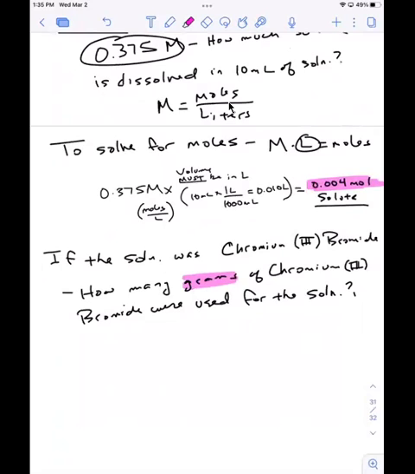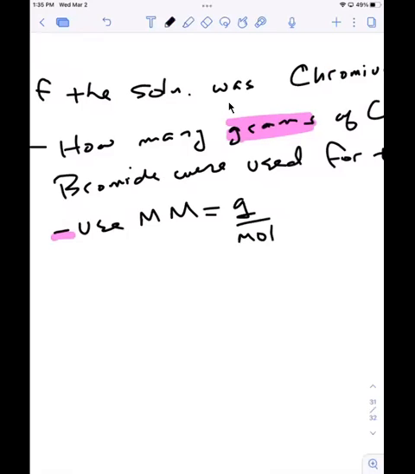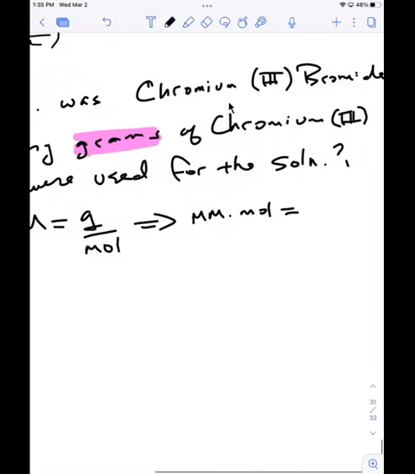If we know the molar mass, we can figure out how many grams of anything we have if we have the number of moles. Because remember, we can use the molar mass, which is grams per what? Mole. So if we know the number of moles and we're looking for grams, we can manipulate this relationship and say that molar mass times moles will give us grams.